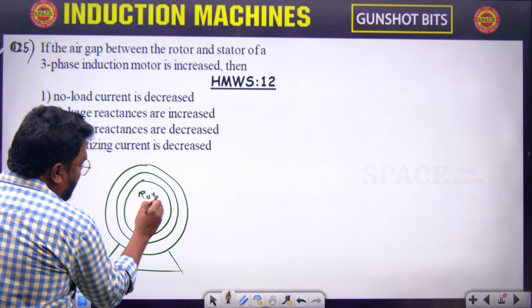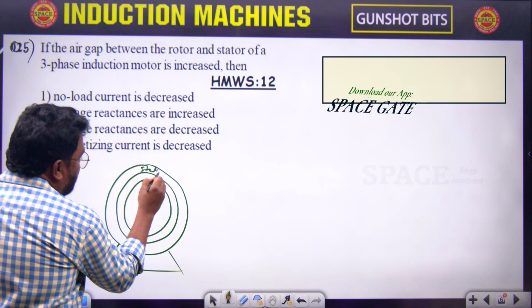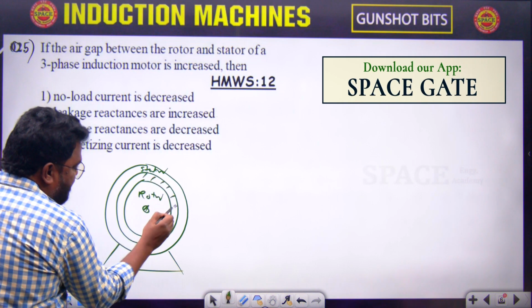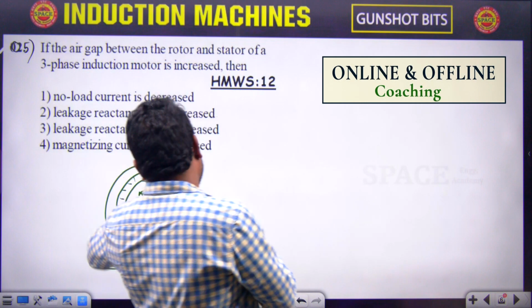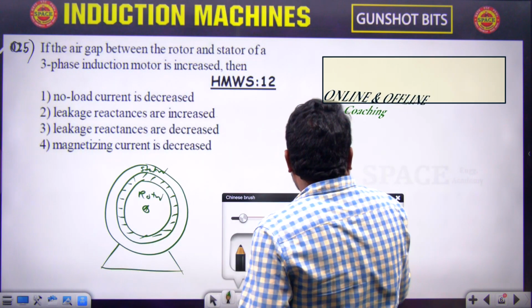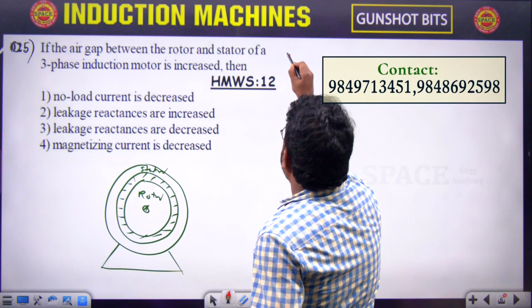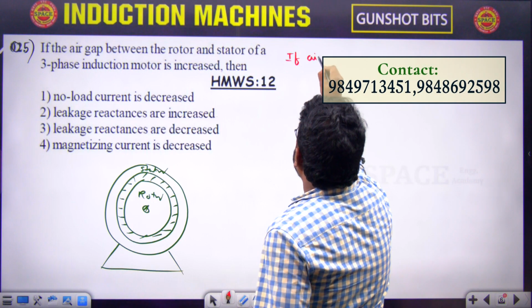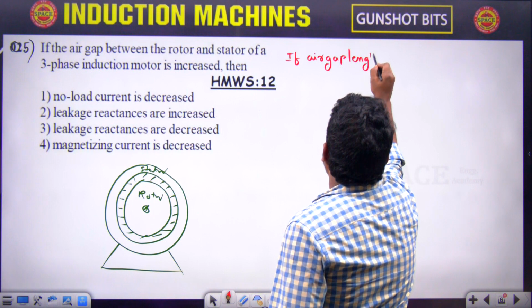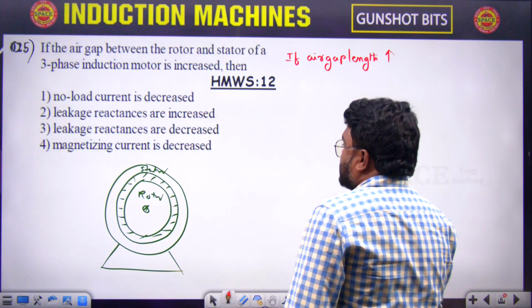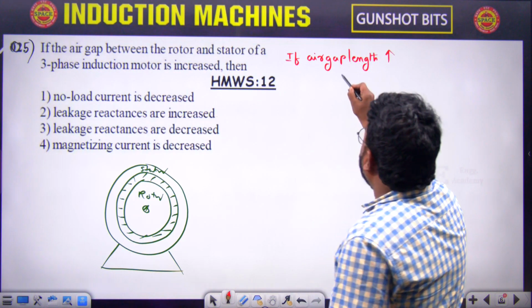So this is the rotor and this one is the stator, and this is the air gap between the stator and the rotor. If the air gap length between the stator and the rotor is increased, then what will happen?